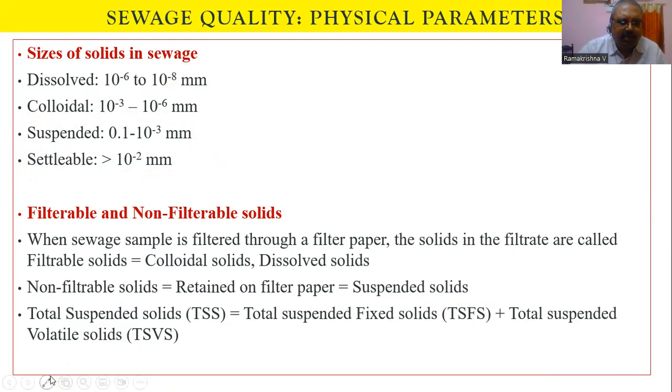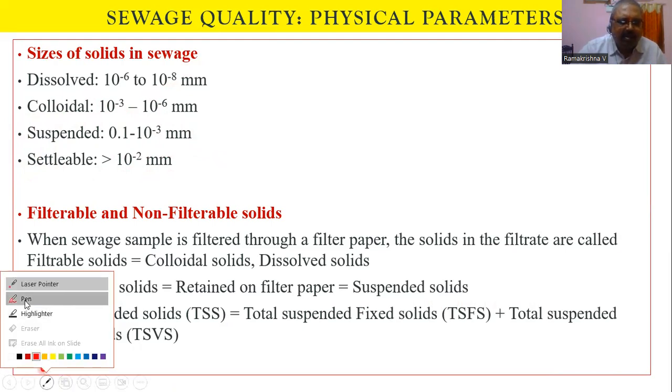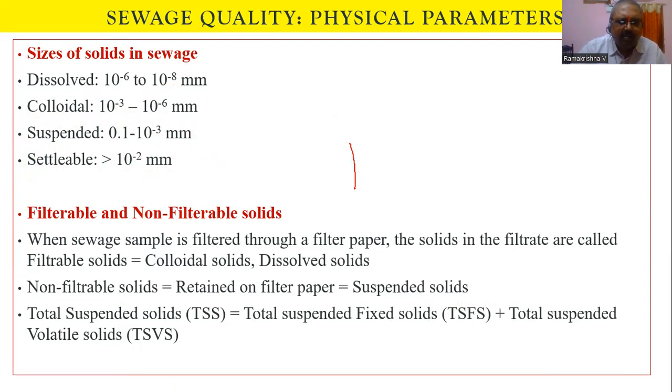And similarly, when we are going to filter these samples in a container like this, using a filter paper, some solids will be retained here, and some solids will go into the container as a filtrate.